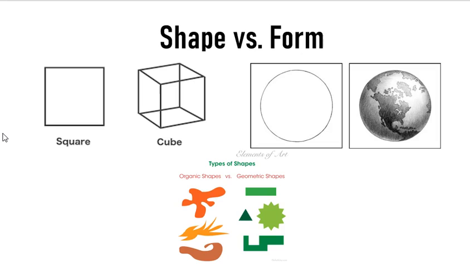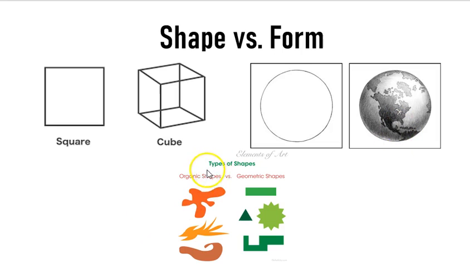So form versus shape. Shape is two-dimensional or flat, like this square. A cube is a form because it's three-dimensional. This circle is a shape, but when you add shading, it turns it into a sphere, a three-dimensional form.